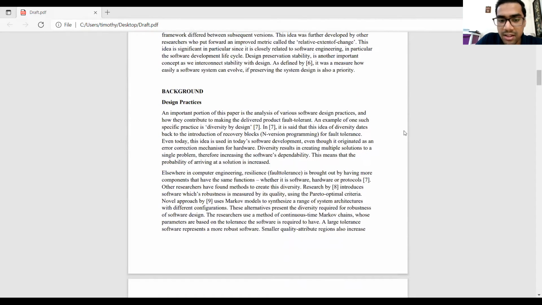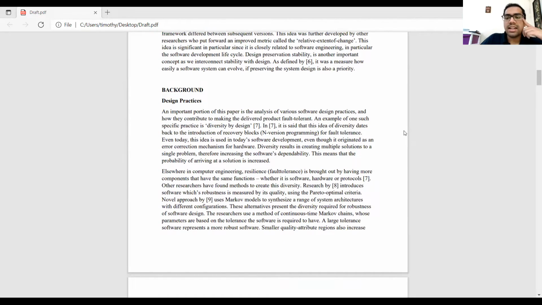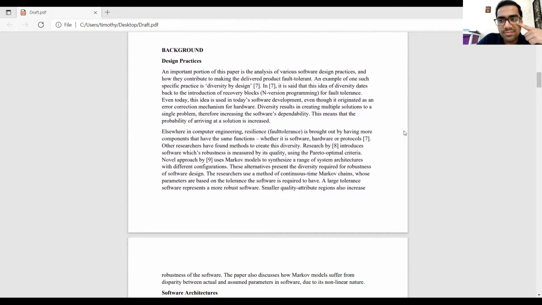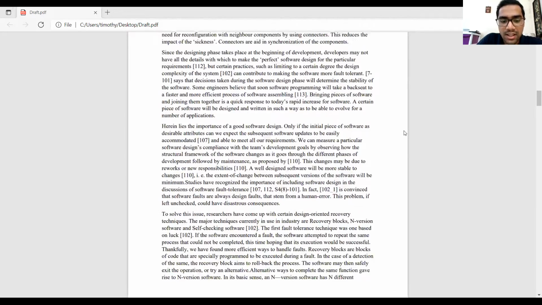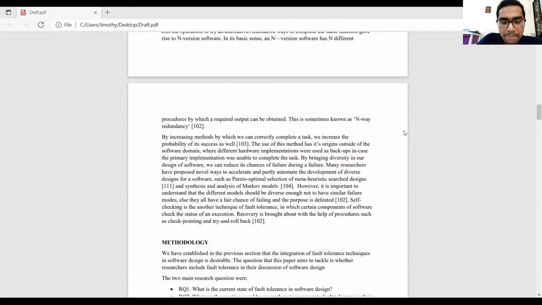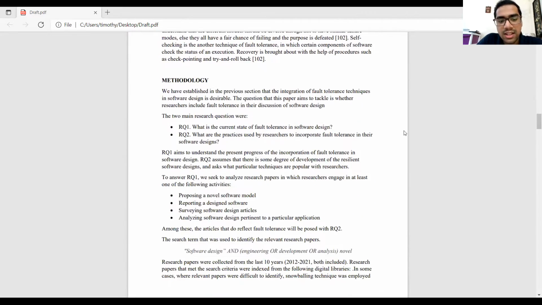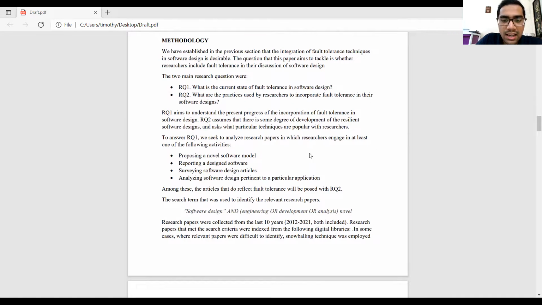I included in my background the initial study that I had done over a few papers, and to understand that people had recognized that software design is important and software architectures. Then is my methodology, the 2 research questions that I used for my review, and how I selected the papers.